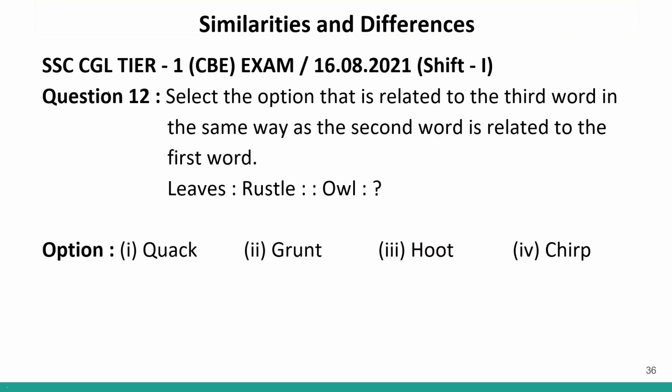Now, question number 12. We have to select the option which is related to this word the same way this word is related to this word. So this is analogy, this is pair 1 and this is pair 2. If we look at pair 1, we can see that rustle is the sound of leaves.